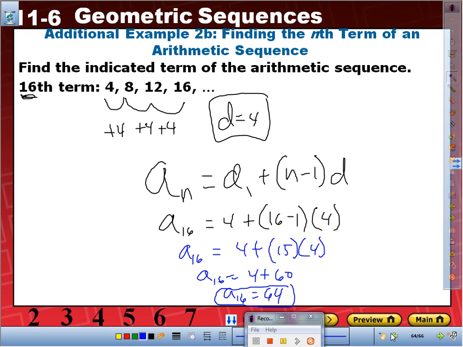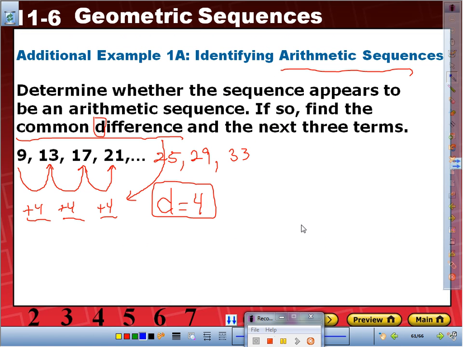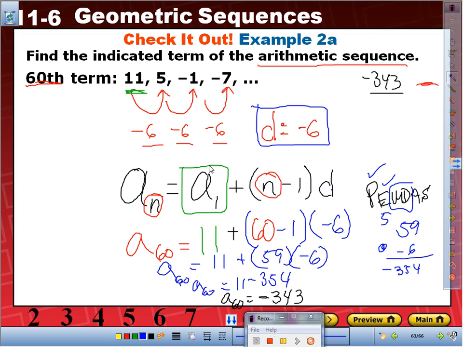Everybody look up. Pens down really quick. So we just covered arithmetic sequences. What can we conclude? If it has a common pattern where they add or subtract the same number, that's known as a common difference, it is an arithmetic sequence. We have a formula that they give us in order to find a certain term that they ask us for.